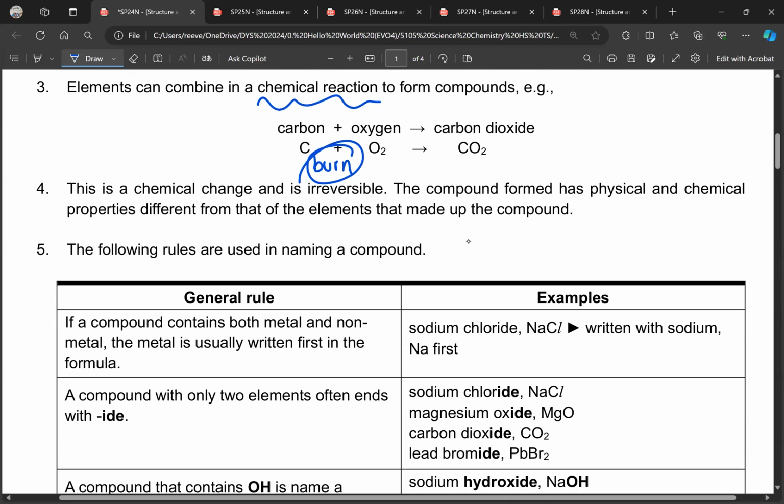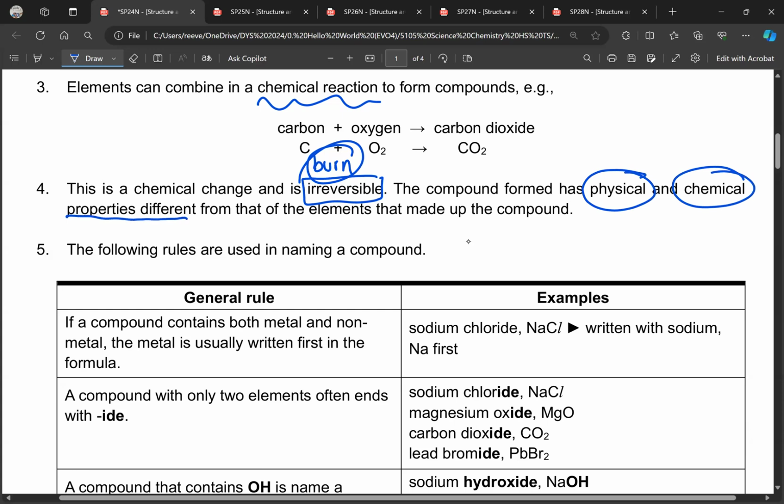And of course, it's irreversible. I mean, you burn the carbon already, the carbon becomes carbon dioxide. How to get back the carbon? You cannot get back carbon, right? So it's irreversible. So when you go through a chemical reaction, the things change. Change what? Change the properties. Physical properties also change. Chemical properties also change.